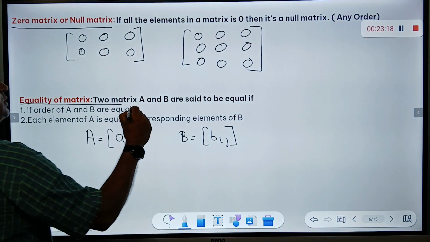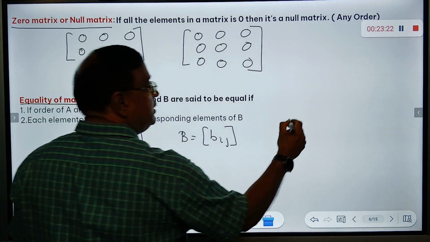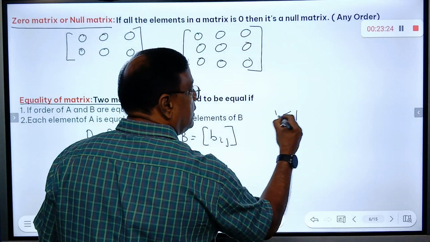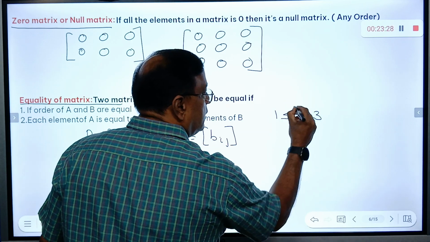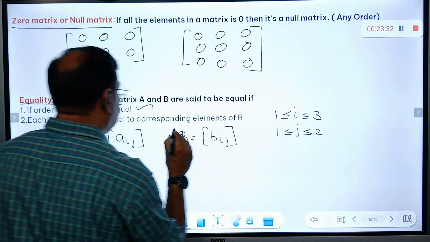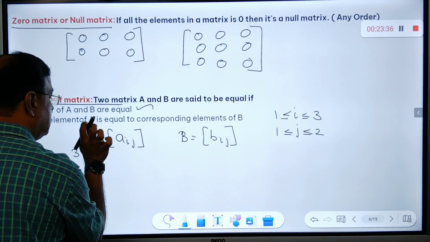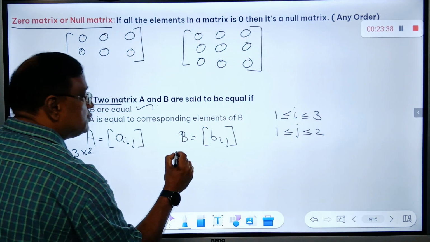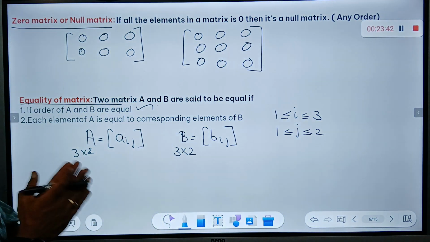The first condition is that the order of both matrices must be equal. This matrix is of order 3 by 2, so obviously B should also be of order 3 by 2. Both should be of the same order.